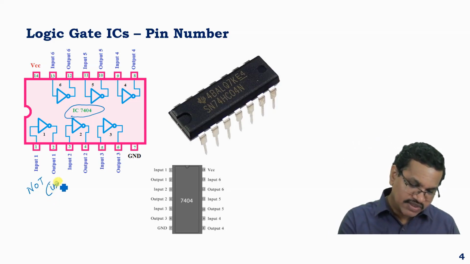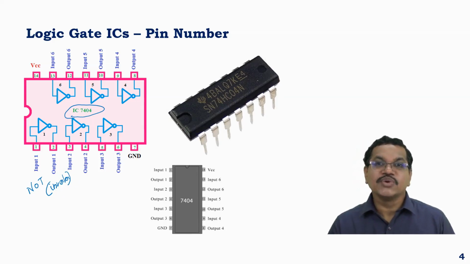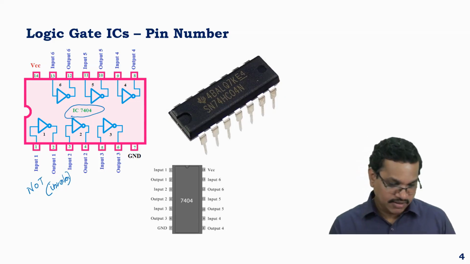This is sometimes called an inverter, but I generally don't prefer this term for the simple fact that you have another device, another circuit called an inverter. So just to make things clear, I will use this term NOT gate.